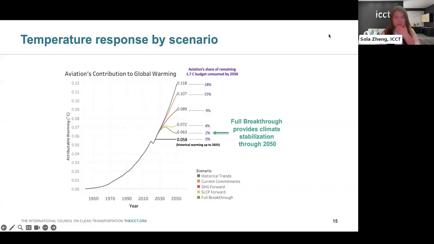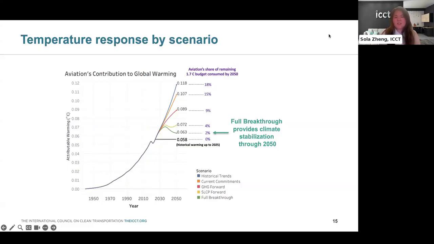And this is also translated into the aviation's share of global remaining carbon budget by 2050. And then we are comparing the warming to date of 1.36 degrees to a 1.7 degree budget. And then in the historical trends and current commitment scenarios, you will see that there's a quadrupling of aviation's share of the global carbon budget.